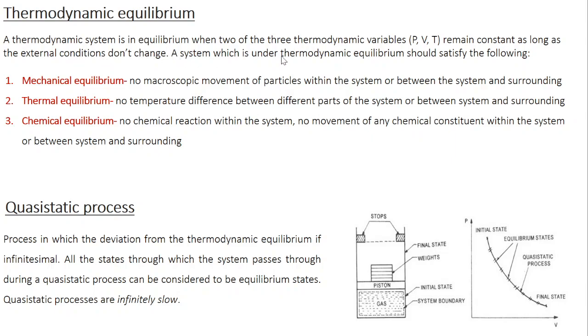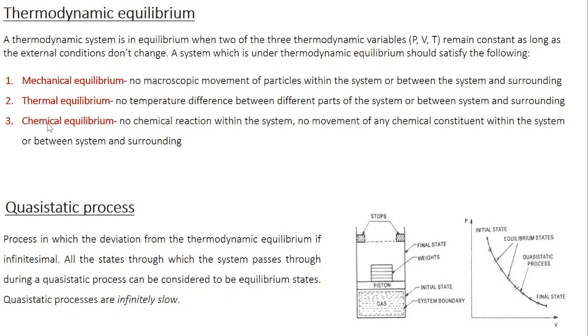A system under thermodynamic equilibrium must satisfy three following equilibriums. First one, mechanical equilibrium, where there is no macroscopic movement of particles within the system or between the system and the surrounding. It should also satisfy thermal equilibrium, where there is no temperature difference between different parts of the system or between the system and the surrounding.